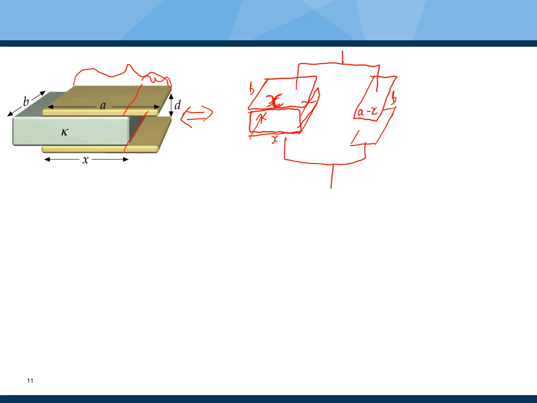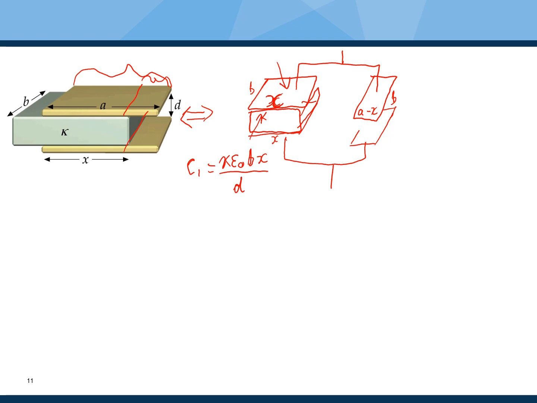And so we will actually go ahead and say that for the capacitor on the left, we have a capacitance given by C1, which is equal to kappa, because it's filled with dielectric, times epsilon naught, times the area of this plate out here, which is just given by b times x, divided by the distance between the plates, which is indeed d.